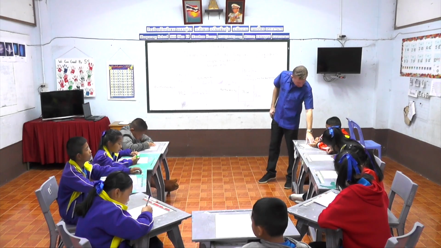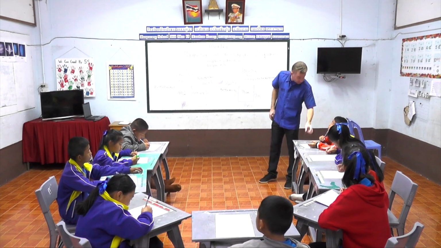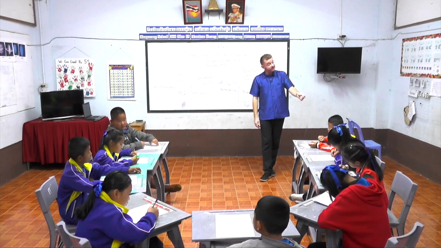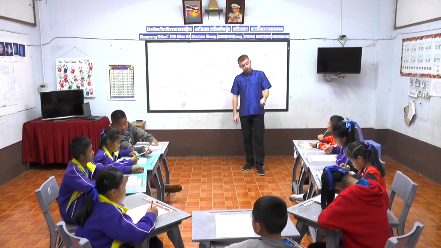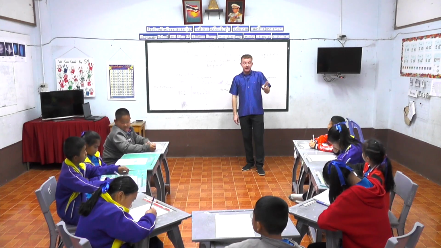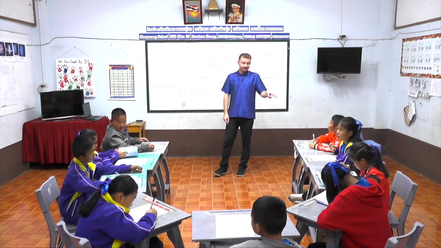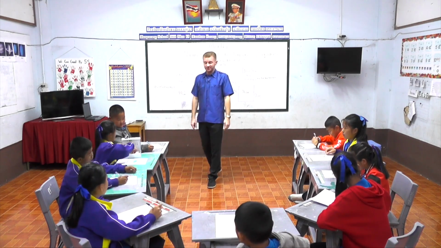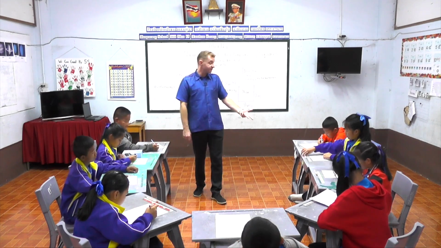Be careful. 11 plus 11 equals 22. 22 times 2. Not 42. 22 times 2. 44. Perfect. Well done. 44. Or we could do 11 times 4.